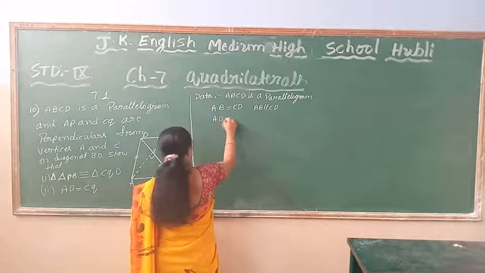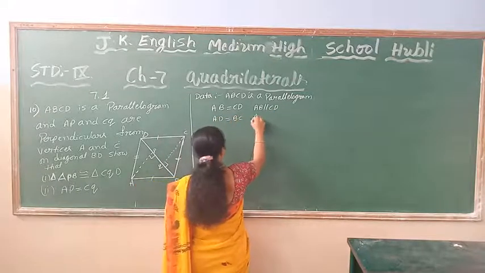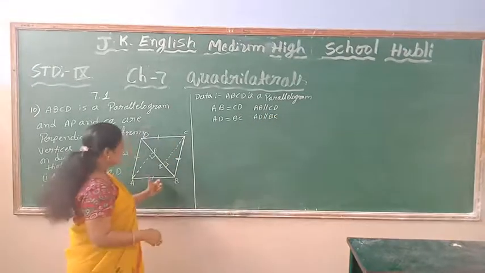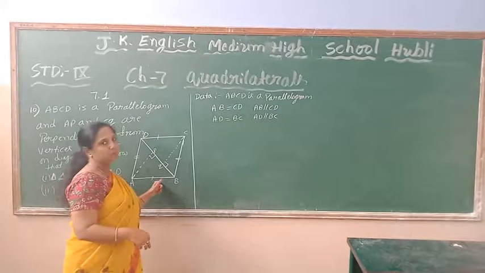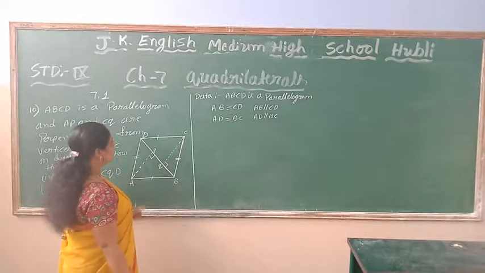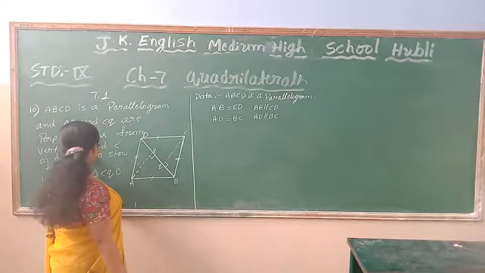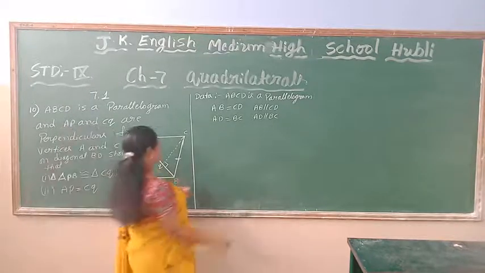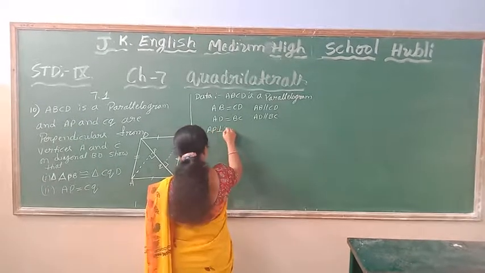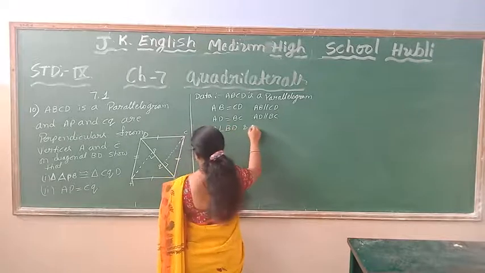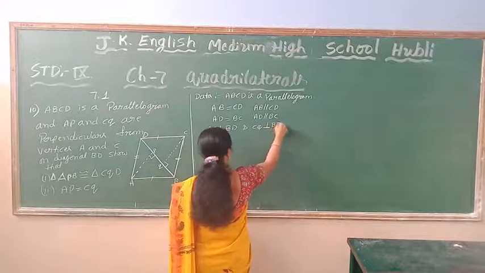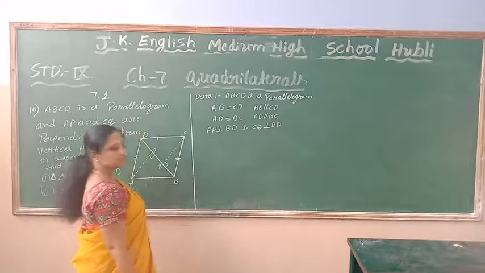AD is equal to BC and AD is parallel to BC because ABCD is a parallelogram. Then perpendicular from vertices: AP is perpendicular to BD and CQ is also perpendicular to BD. This much is given, children.